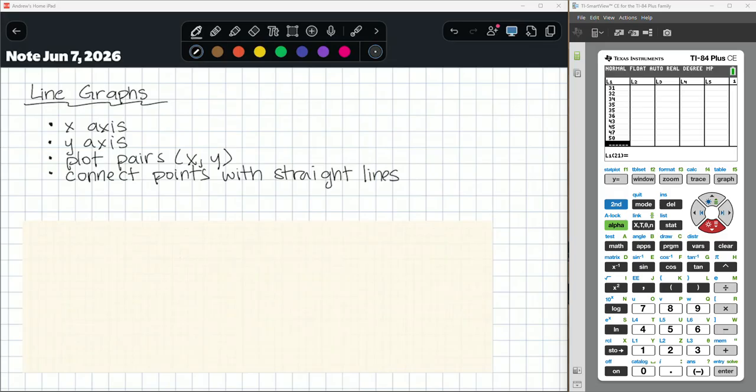In a previous math class, you may have learned that the variable on the x-axis is called the independent variable, and the variable on the y-axis is called the dependent variable. In statistics, our x-axis is usually our explanatory variable, and for experiments, it is the independent variable.